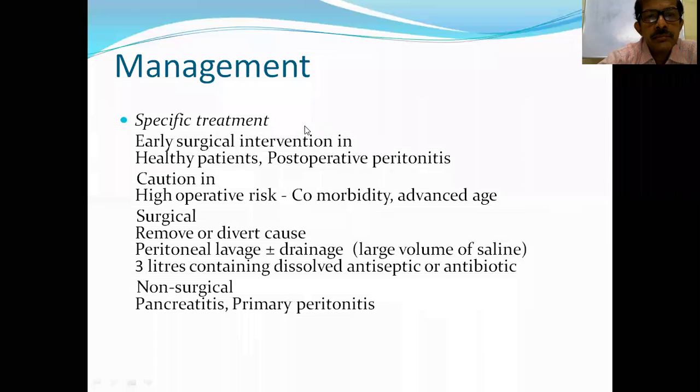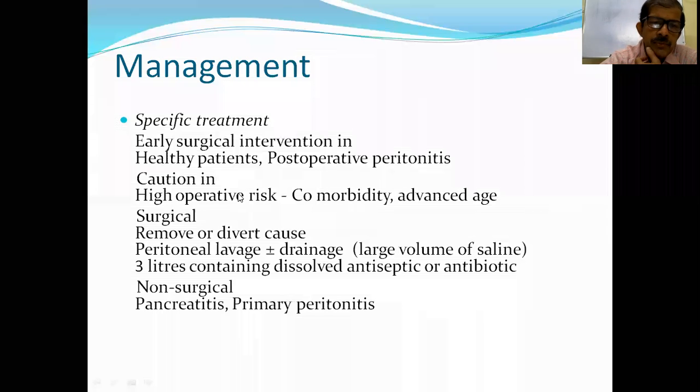Whereas in others, you have to be cautious. You have to first bring him to some ideal condition, then only operate. Particularly caution is to be exercised in comorbid conditions. Already I told you about diabetes or COPD or some heart problems, advanced age.